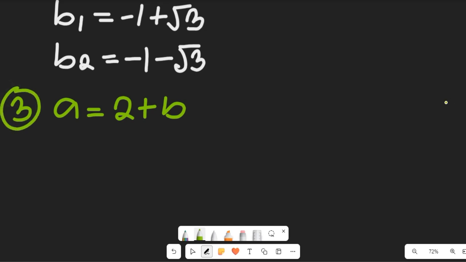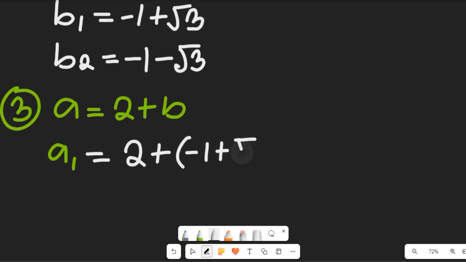If the value of b1 is equal to negative 1 plus root 2, then we're going to have our a1 to be equal to 2 plus negative 1 plus root 3, right?